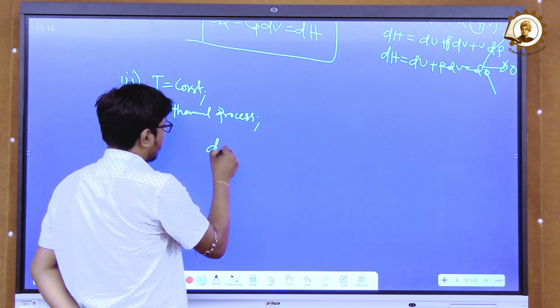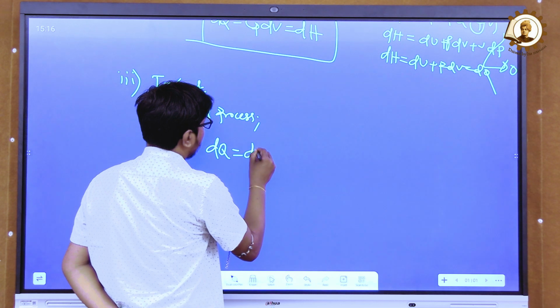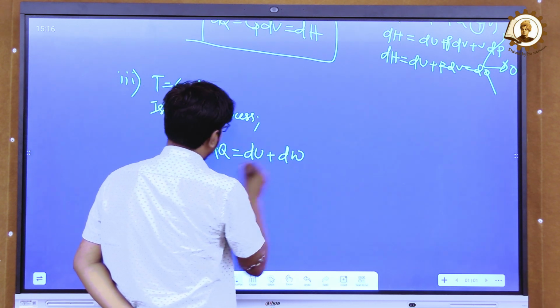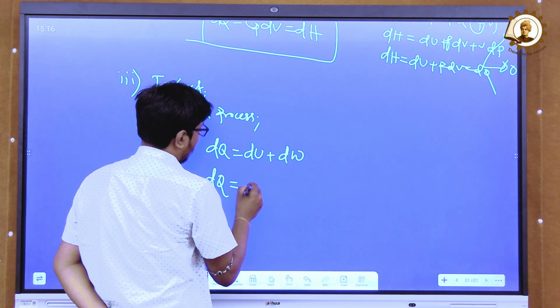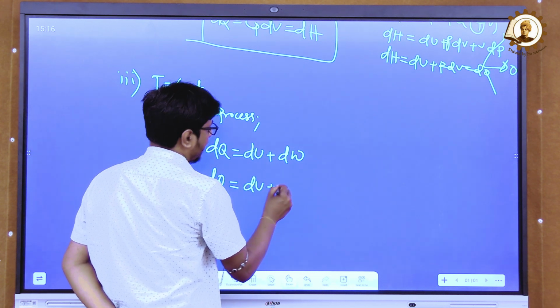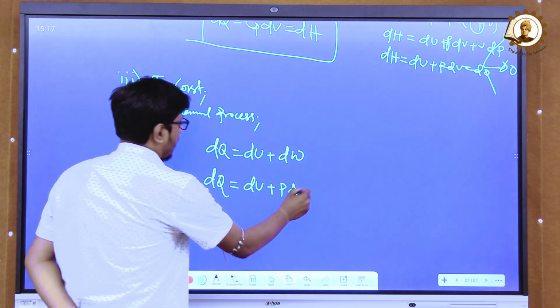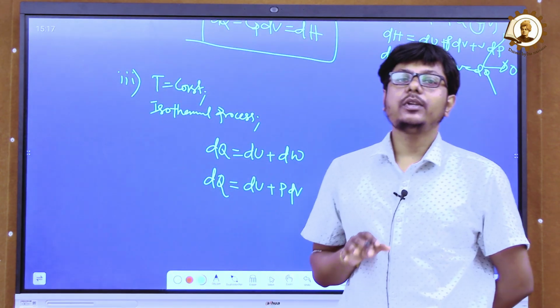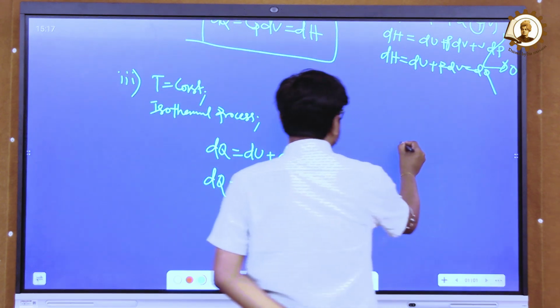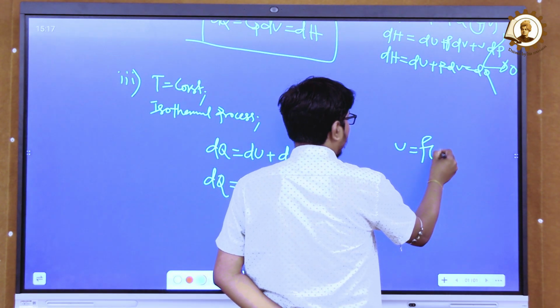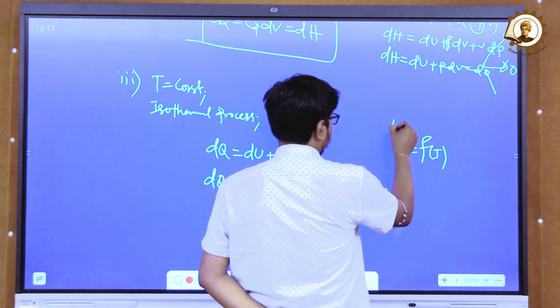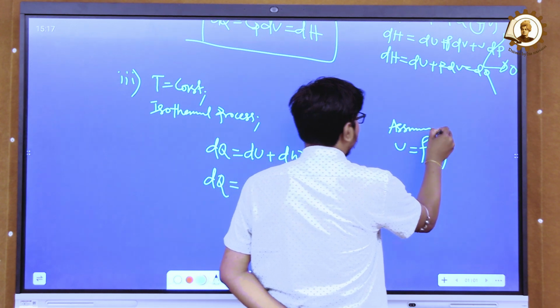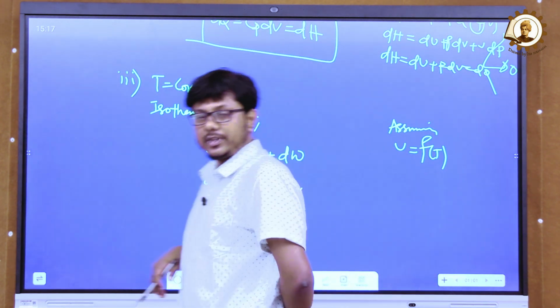So, we know that delta Q equal to du plus dw. Okay. Now, dq equal to du plus pdv. We assume that internal energy U is a function of temperature. Okay. Assuming that U is a function of temperature.